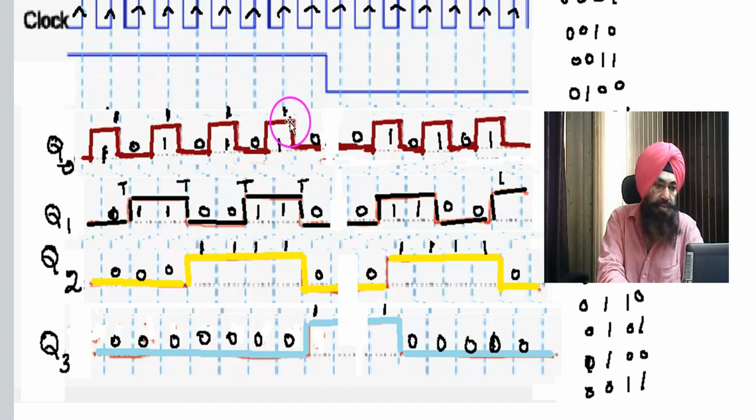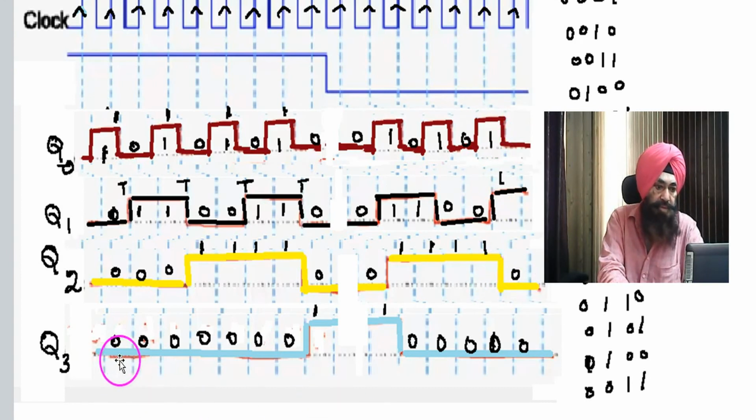Again the clock is here, certain delay is there. Then it is 1, this also 1, the 1 and 1 with the clock toggles like that. Clock is here, 1 is here, 1 is here, toggles.